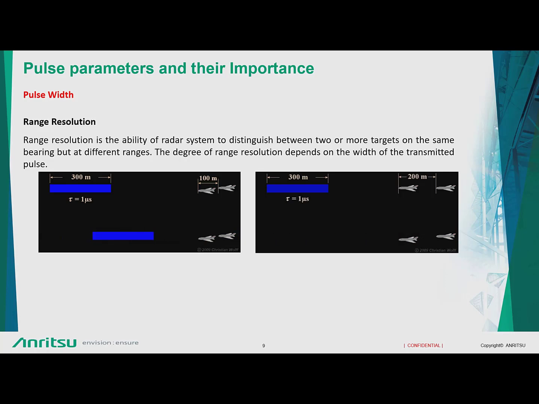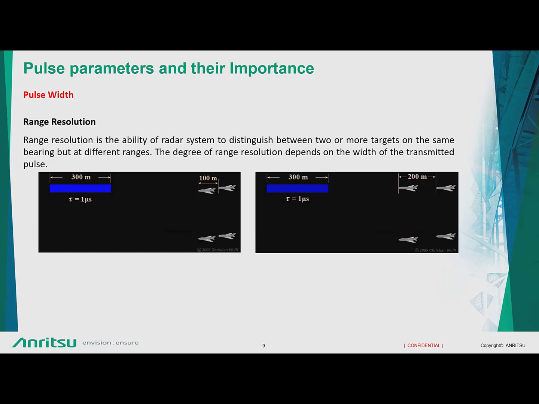But talking of the other side of the story, if the spacing between these two targets was not larger, and I had the ability to reduce the pulse width to a very narrow pulse width, then I can actually get a better resolution, even if there were 10 or 12 targets in the same direction at a distance of say 5 meters or 10 meters as well. So the narrower the pulse width, the better the range resolution you get.